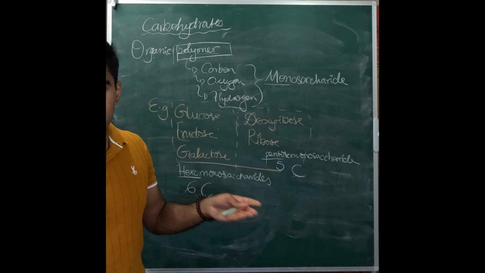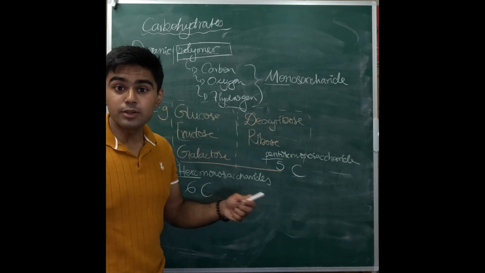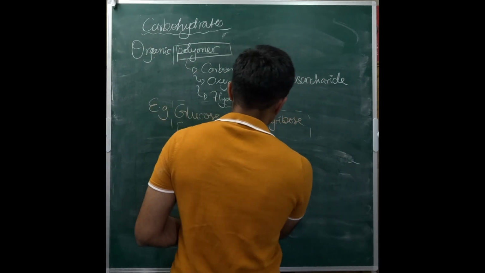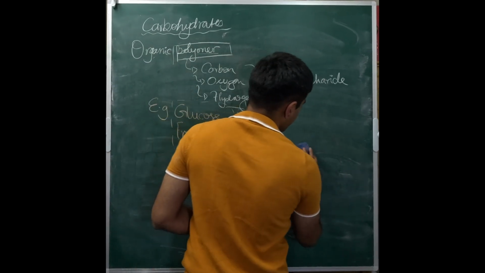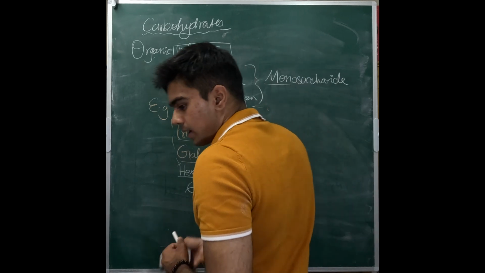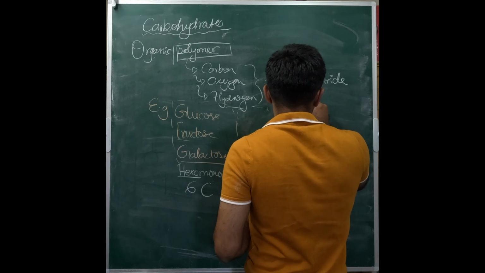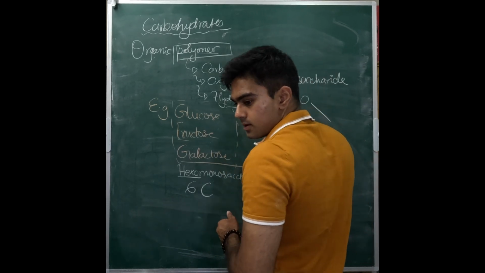Now, to hit the point home, I'm going to draw out the structure of ribose first, okay? From that, you'll be able to see what I mean. So we've got an oxygen here.